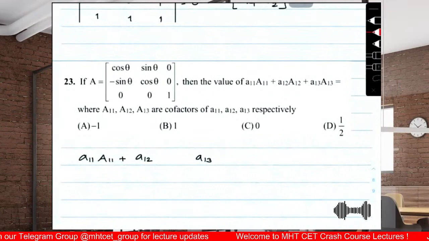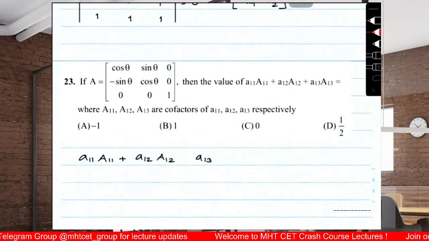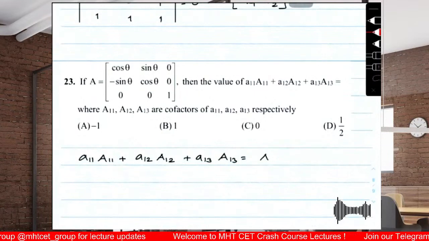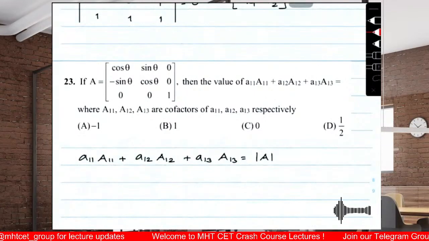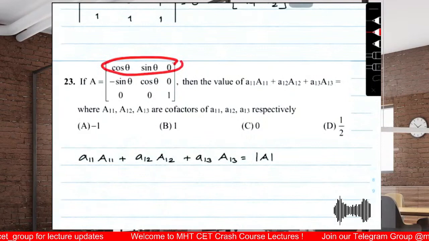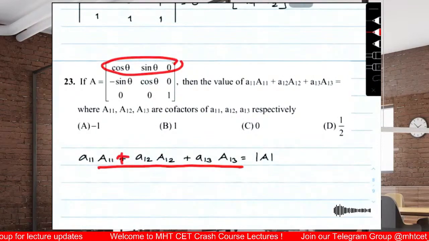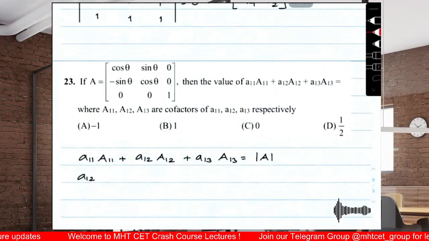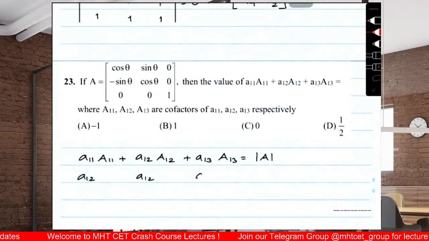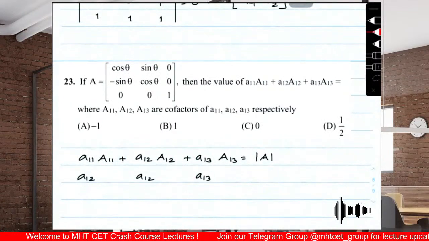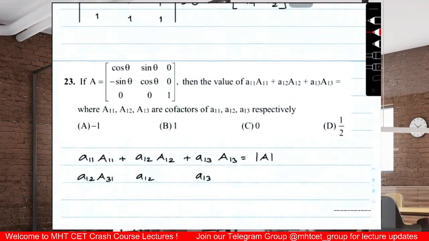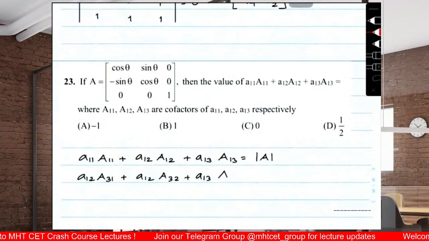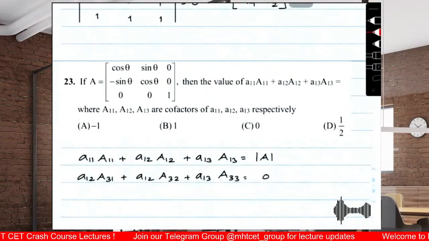Corresponding cofactors are capital A11, A12, A13. That will give you determinant of A, if you remember. First row के elements multiplied by corresponding cofactors, and if you add them, you will get determinant of A. And if you multiply elements of first row by cofactors of third row or second row, then you will get 0.